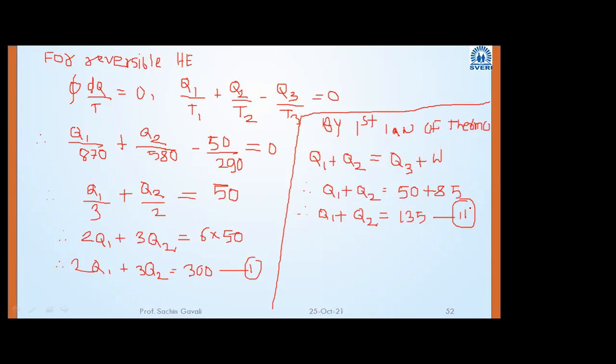Now solve equation 1 and 2. Multiply this equation by 2. 2Q1 plus 2Q2 is equal to 270.